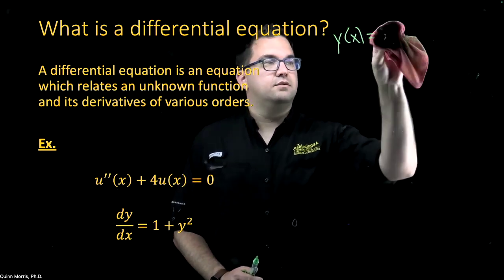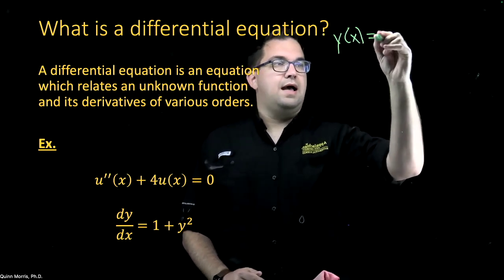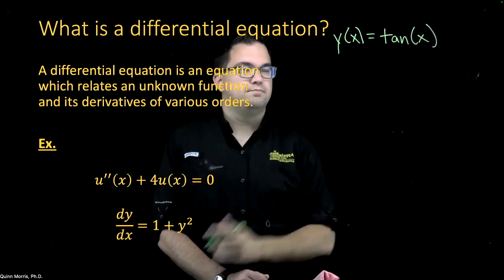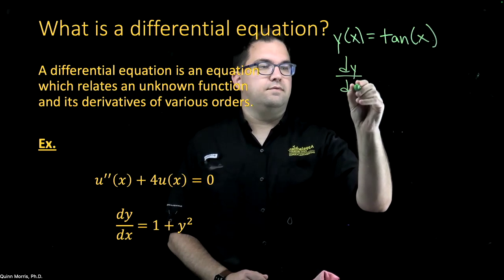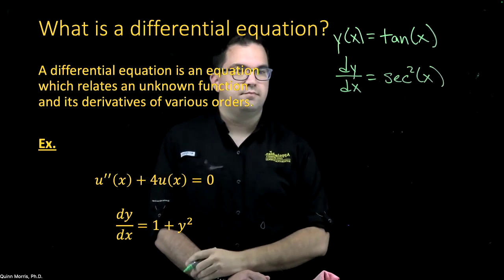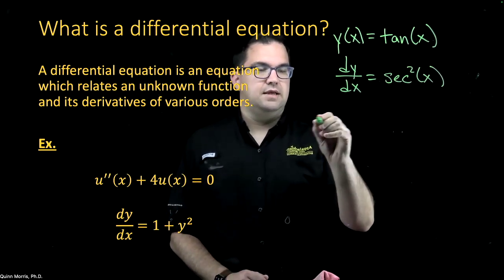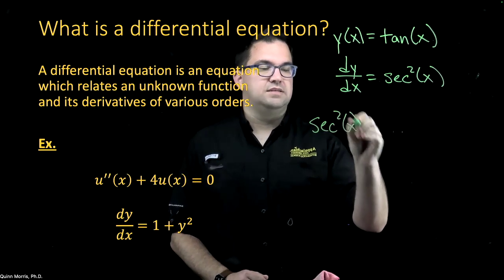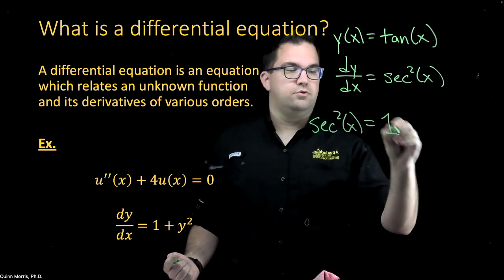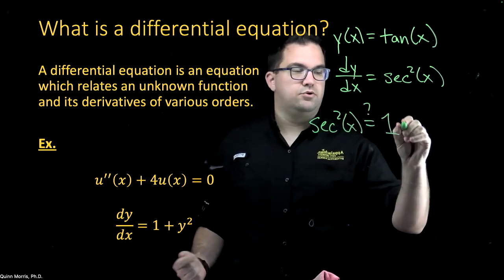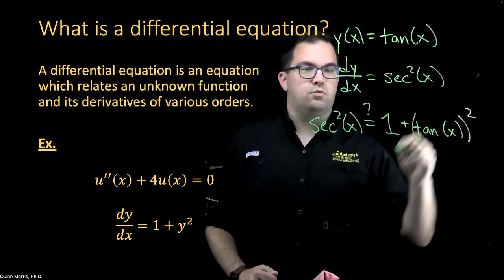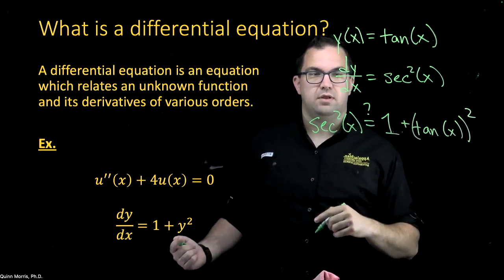You can also check whether tangent of x is a solution. dy dx here would be the derivative of tangent, which is secant squared. If you plug this in, you get on the left-hand side secant squared of x. Is that equal to 1 plus tangent of x squared, because tangent of x is my y, so I'm plugging that in here.